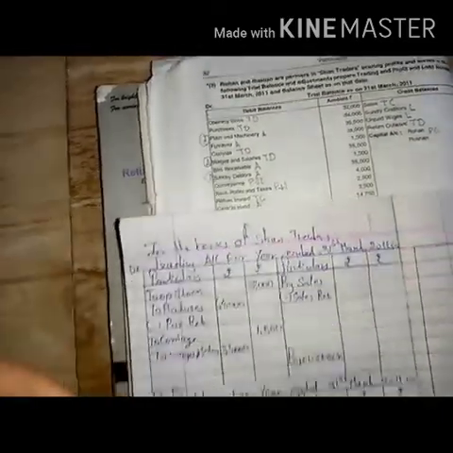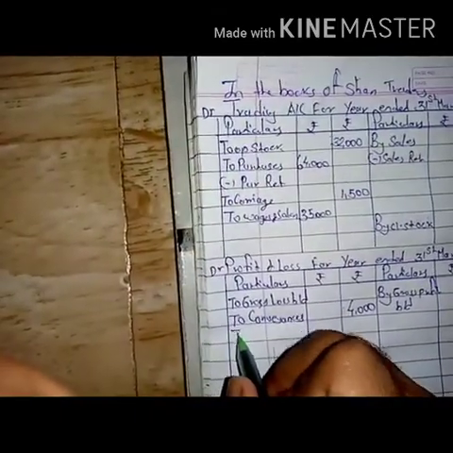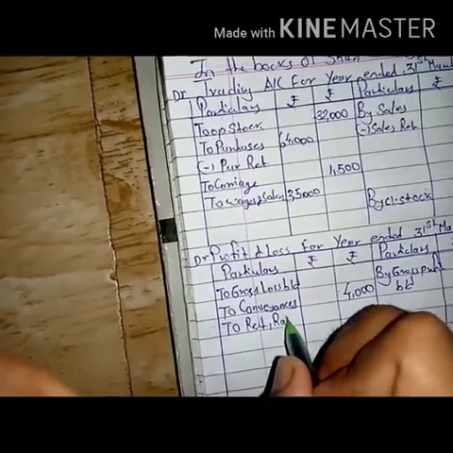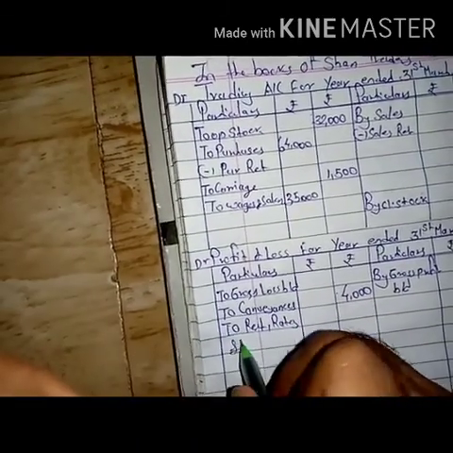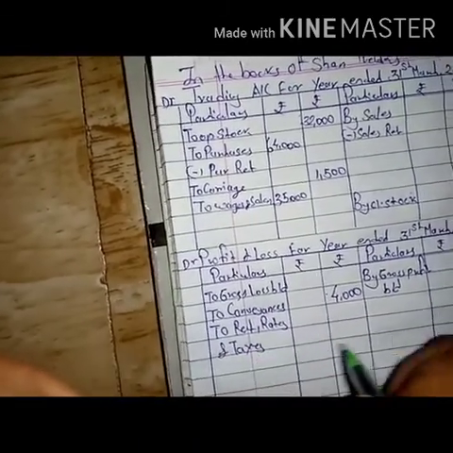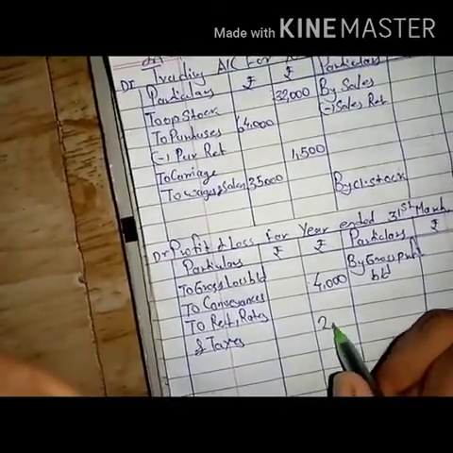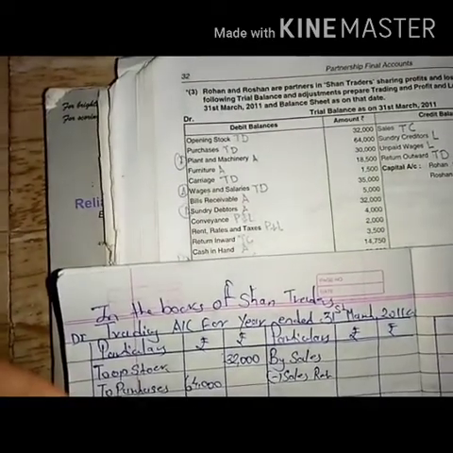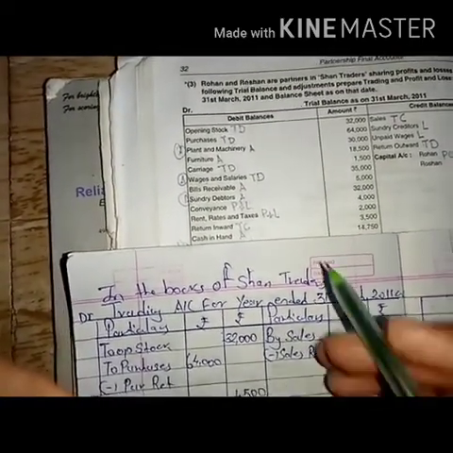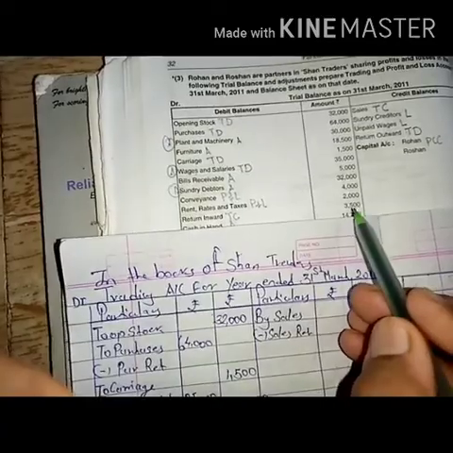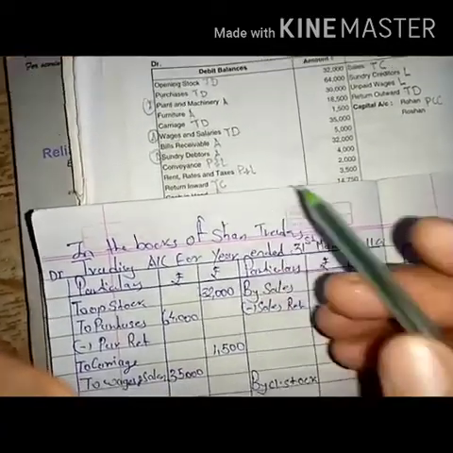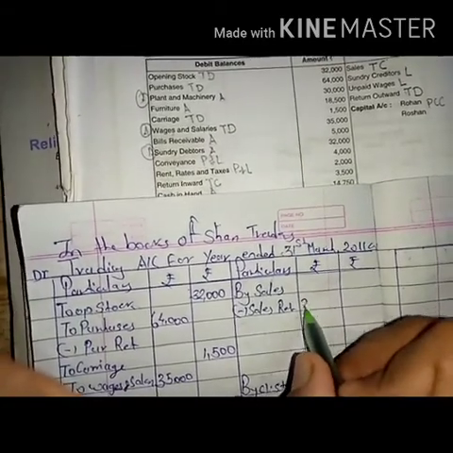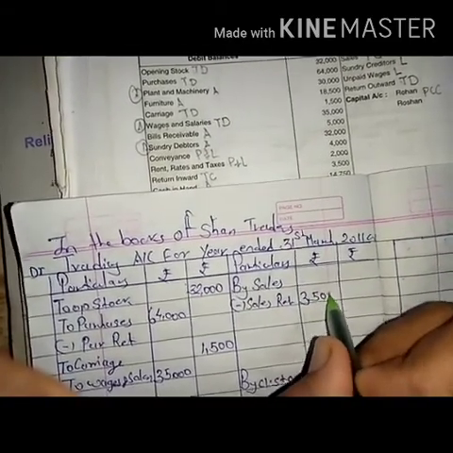Profit and loss, 2,000, no adjustment. Rent, rates and taxes, 2,000. Next, return inward. The exceptional item, that is sales return, comes on debit but goes on credit. Sales return 3,500, that is return inward.